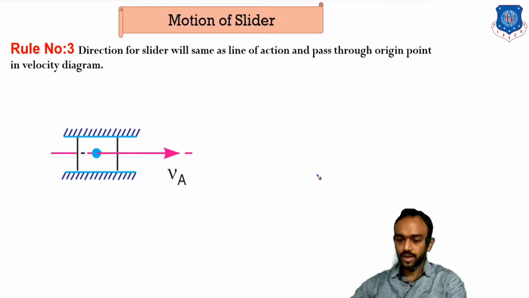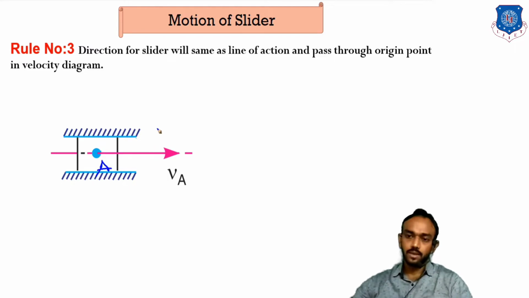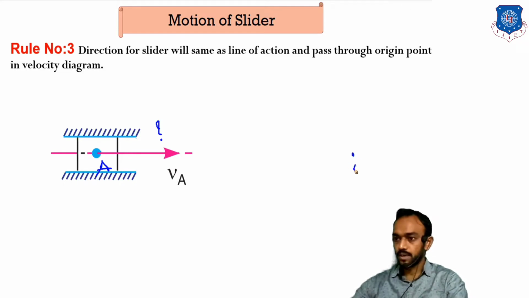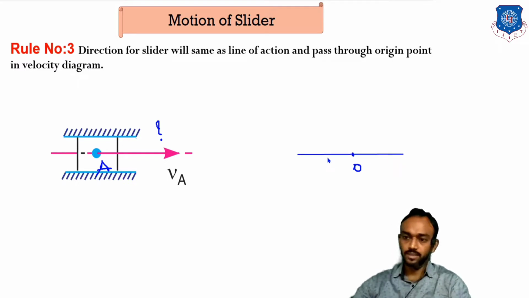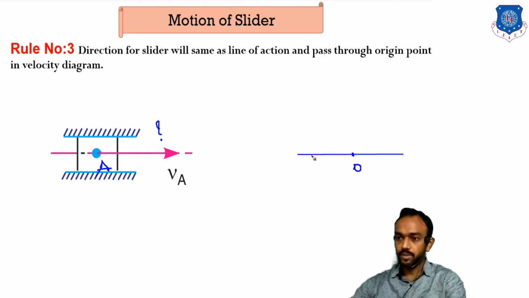If I give you one example, here is slider A. I don't know the velocity, but I can say that if there is a fixed point O, and the line of action passes through it, then A will be at some point on this line.